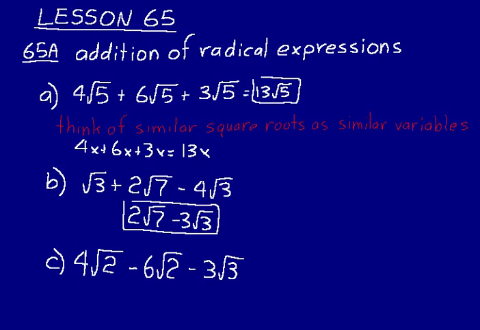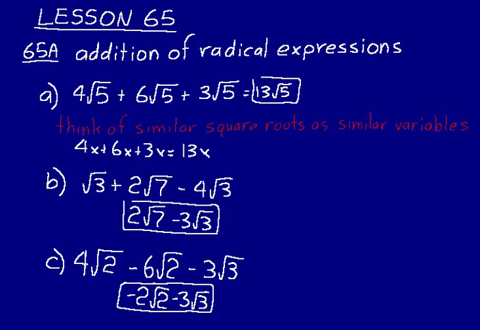In the same way that 4x minus 6x would equal negative 2x, 4 times the square root of 2 minus 6 times the square root of 2 would equal negative 2 times the square root of 2. The square root of 3 on the end is not a like term, so we just add it back on the end: minus 3 times the square root of 3. That's as much as we can add, and that's our answer.